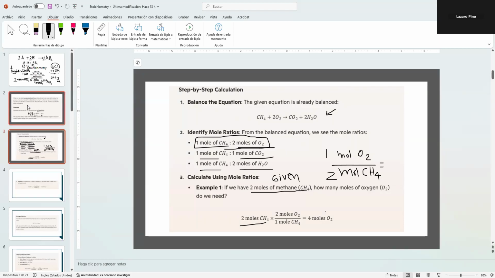From the ratios, you can see that 1 mole of methane reacts with 2 moles of dioxygen. Then it will be 1 of methane per 2 of dioxygen. That's why I write here this conversion factor. Remember that we are using dimensional analysis.